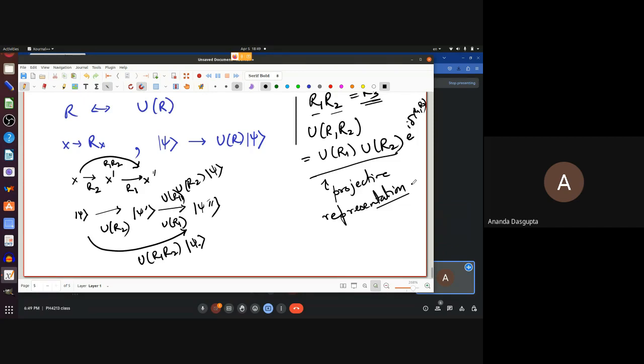But I will just end with one sentence, which is, sometimes, even if you have a projective representation, you can get rid of that extra phase factor by redefining the states. Remember, even when the states you're talking about can also change them by phase factors, right?